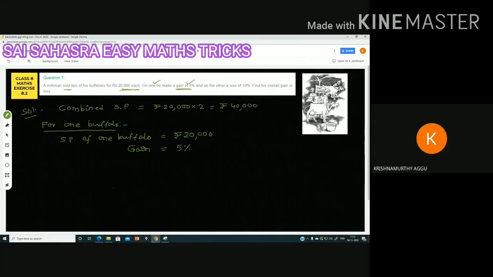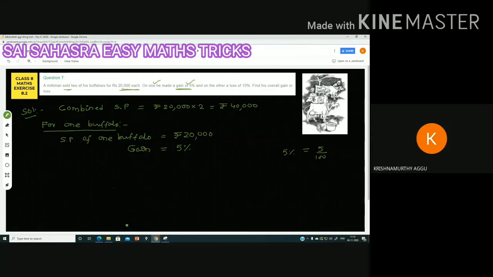Okay, let us apply this concept here. A 5 percent gain means that if the cost price is 100 rupees, then the selling price will be 105 rupees, 5 percent more. 5 percent means 5 out of 100.